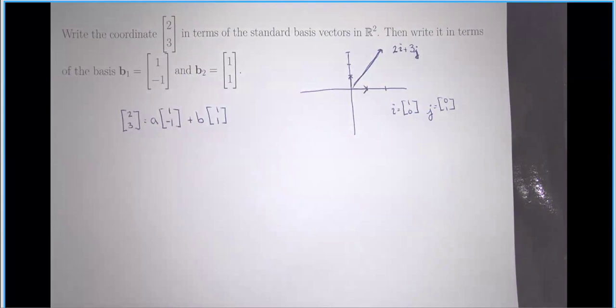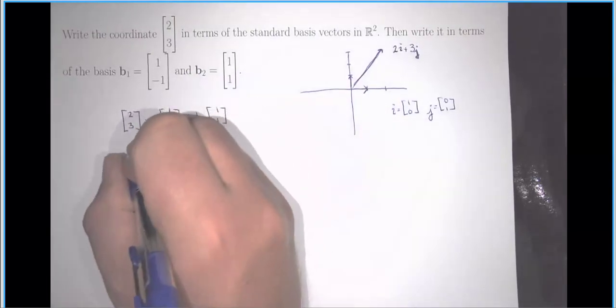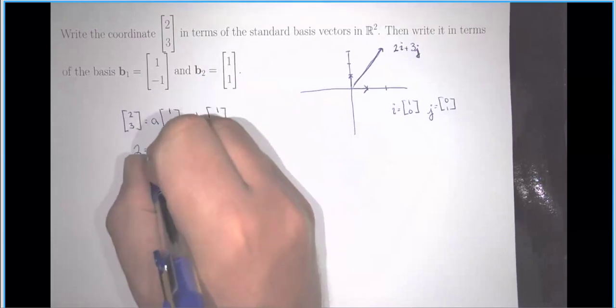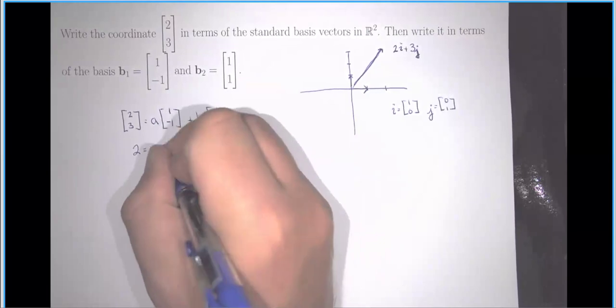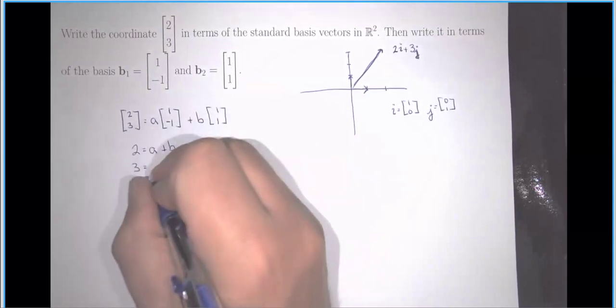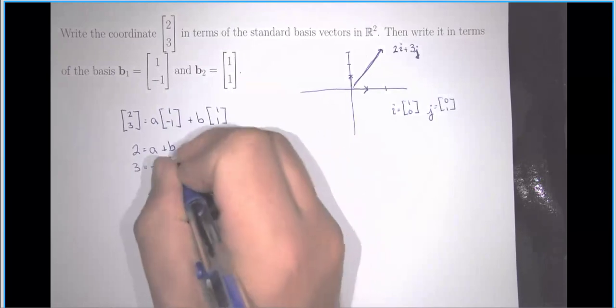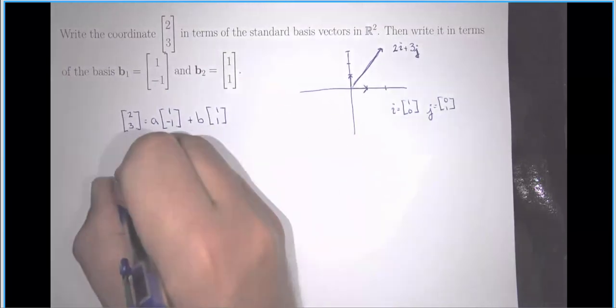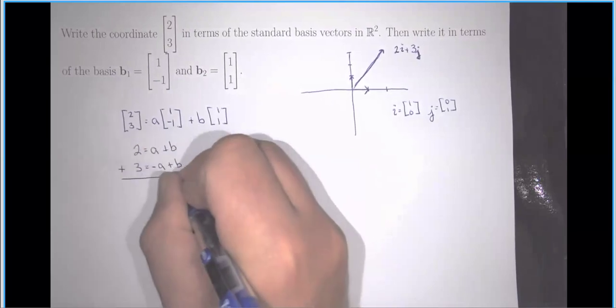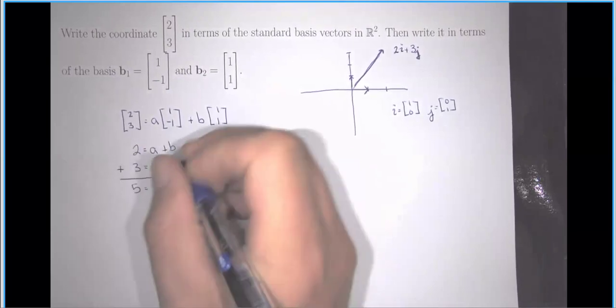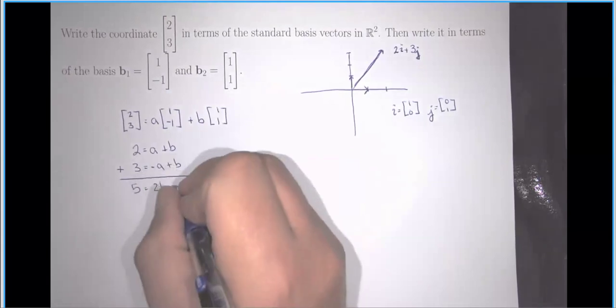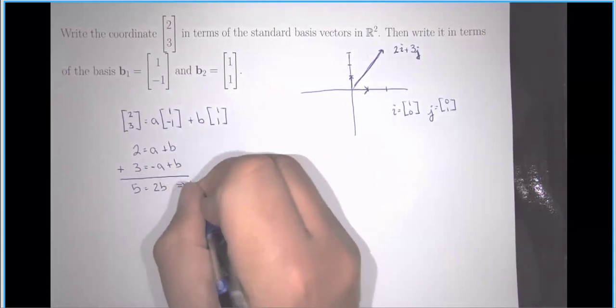This is the first way of writing a vector that's in a standard basis in terms of a different basis. I'll show you both methods. If we solve this, we've got 2 is equal to A plus B, and 3 is equal to negative A plus B. If I add those together, I get 5 is equal to 2B, or B is equal to 5 halves.